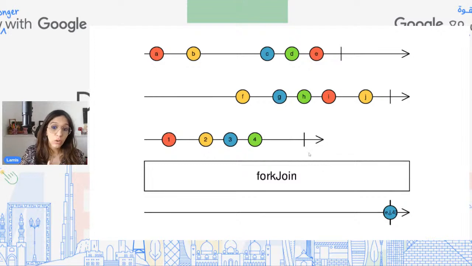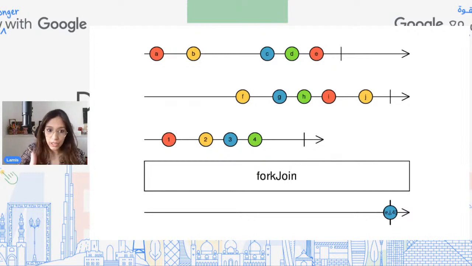Even though the third observable emitted first, forkJoin emitted this value last, because it's not in the order we gave. So it only respects the order, first in, first out. Keep this also in mind.